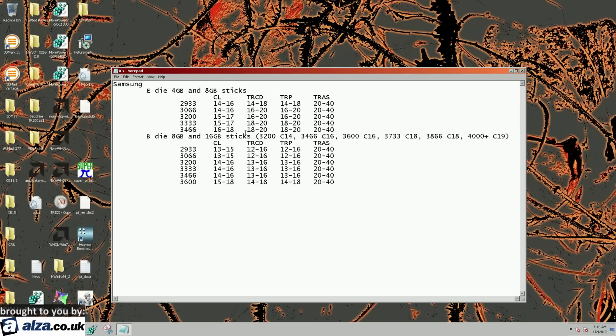Now, where eDie is a bit problematic is that it needs a really loose tRCD and tRP. So your tRCD is going to get kind of ridiculous. For example, my kit right here at 3200 megahertz, I can run 16, 16, 16. When I bumped that up to 3333, I had to loosen the timings to 16, 18, 18 in order to have that work.